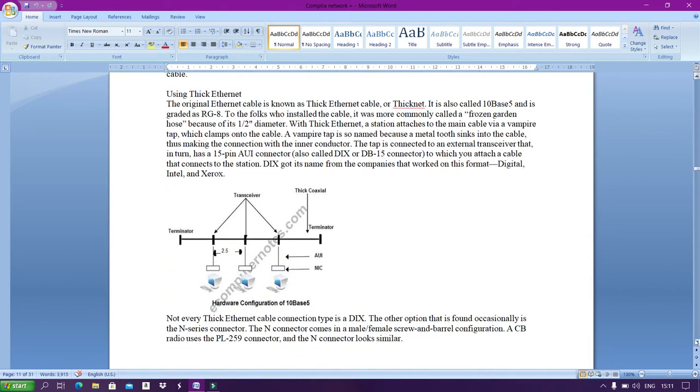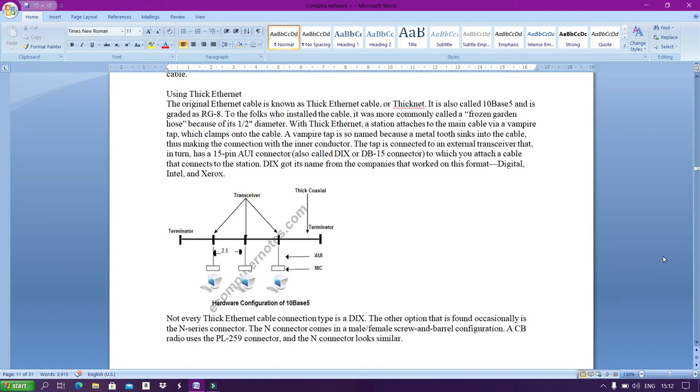Using thicknet cable. The original Ethernet cable is known as thicknet cable or thicknet. It is also called 10Base5 and it's graded as RG8. To the folks who install the cable, it is more commonly called a frozen garden hose because of its half inch diameter. With thick Ethernet, a station attaches to the main cable via a vampire tap which clamps onto the cable.